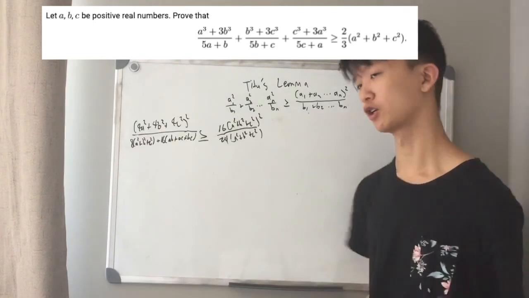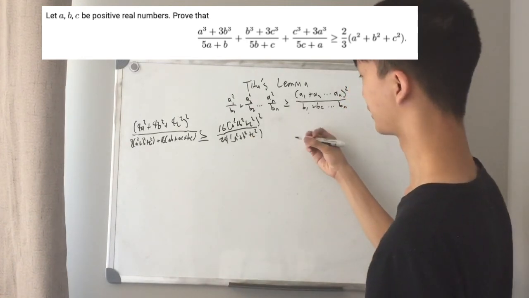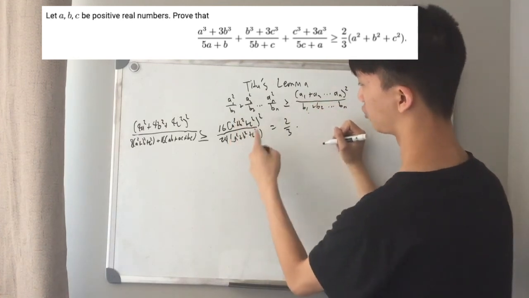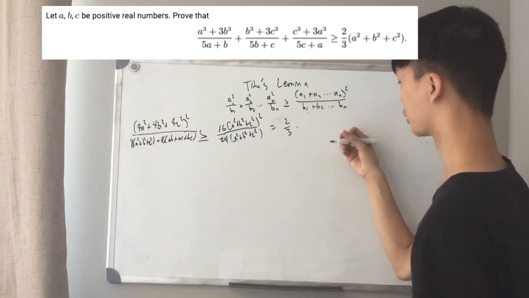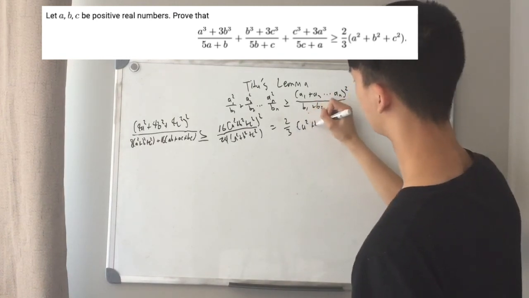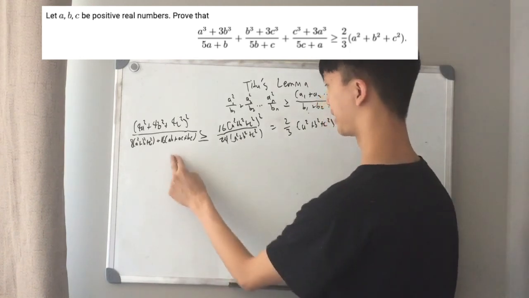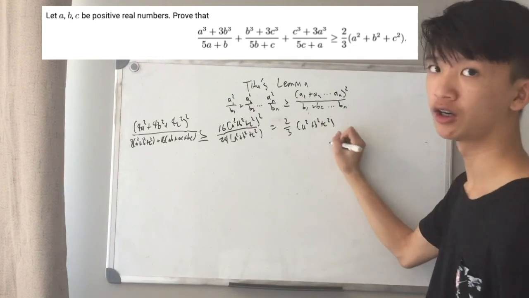Alright, so now we have our inequality up here, but then we can simplify 16 over 24 to get that this is equal to 2 over 3 times (a squared plus b squared plus c squared) squared divided by (a squared plus b squared plus c squared), which is equal to a squared plus b squared plus c squared. And because it suffices to show that this is greater than or equal to this, we have now solved the problem and we are done.